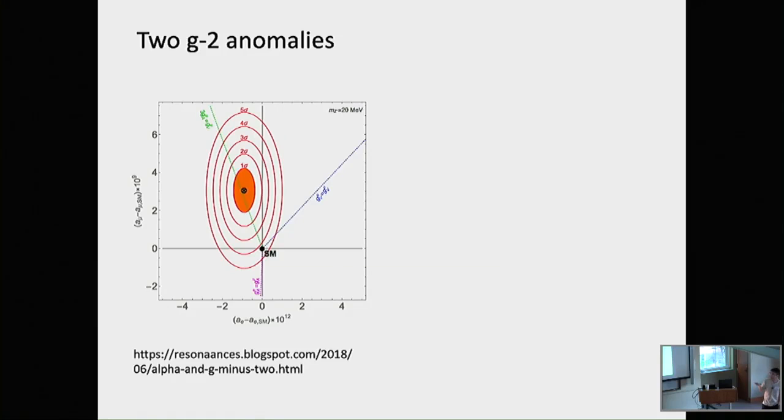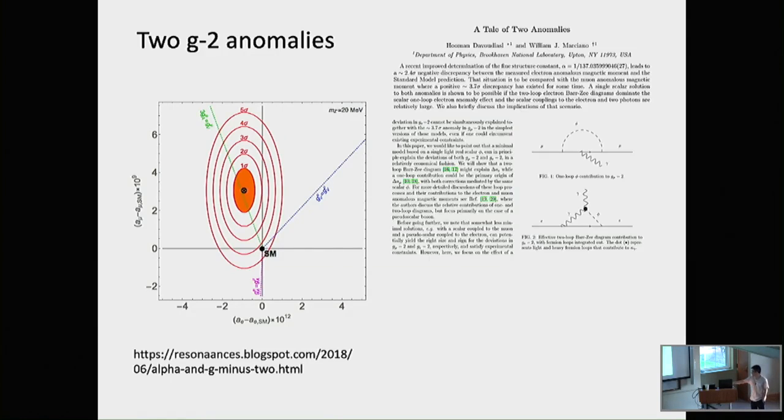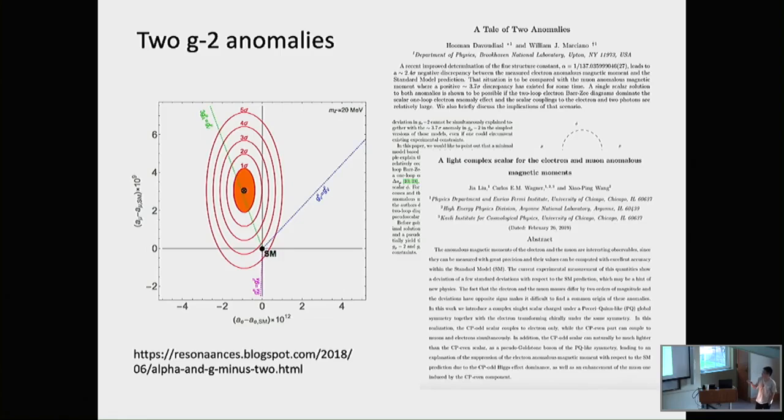So 4 sigma is something we need to think very carefully about. Since our paper was published, theorists have been working very hard to try to explain why there's a 4 sigma deviation from the standard model. I gave 2 examples here, but I believe there's going to be more theoretical work associated with the deviation.